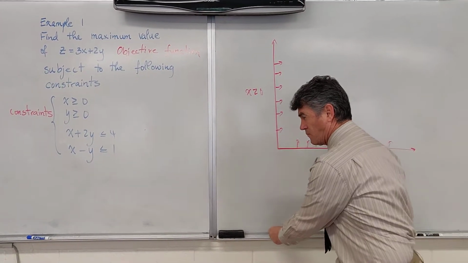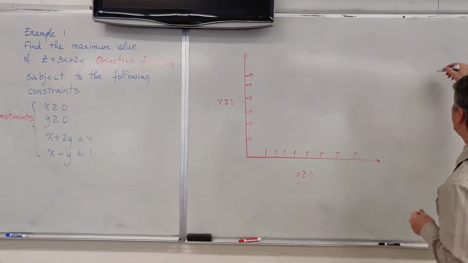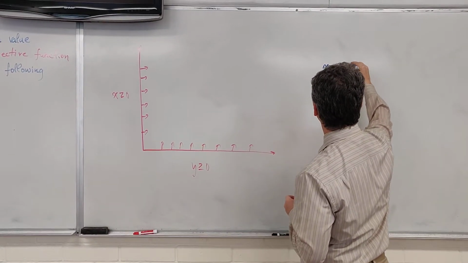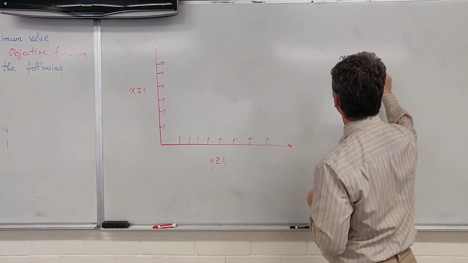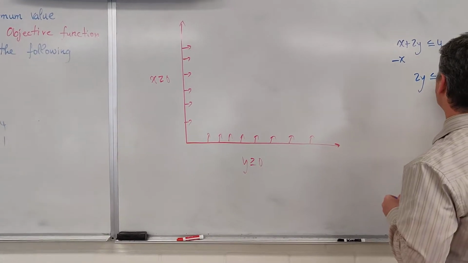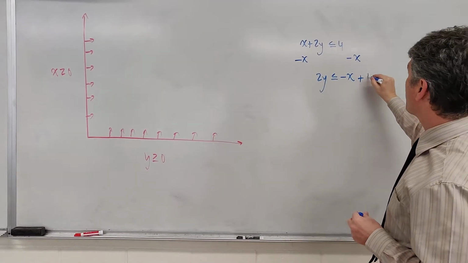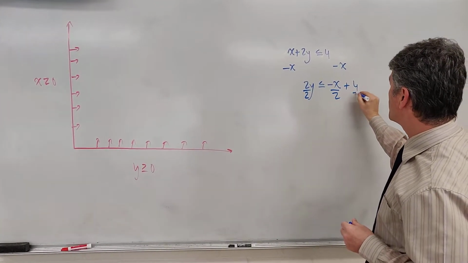Next, we have x plus 2y is less than or equal to 4. We will subtract x from both sides. 2y is less than or equal to the opposite of x plus 4. We will now divide by 2 on both sides.